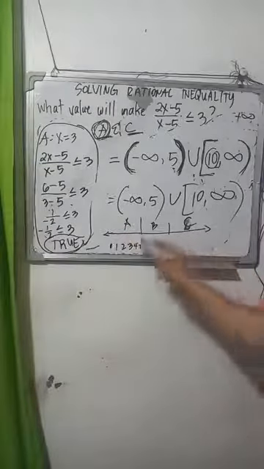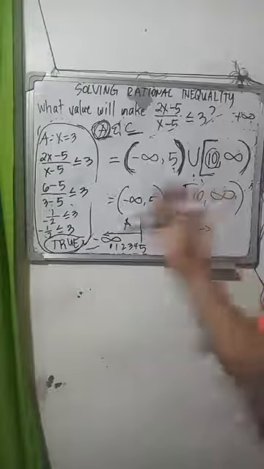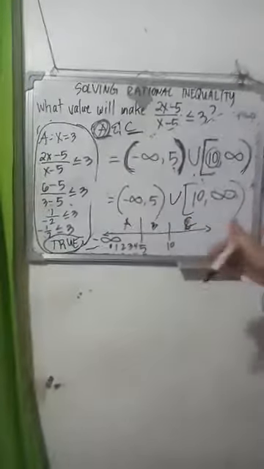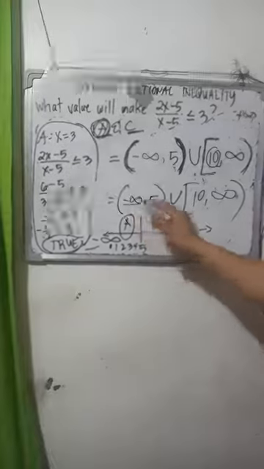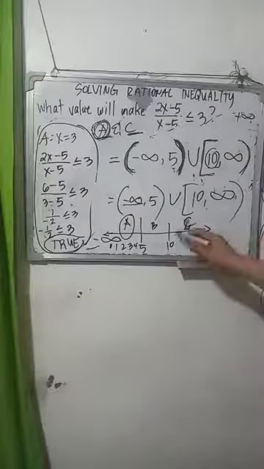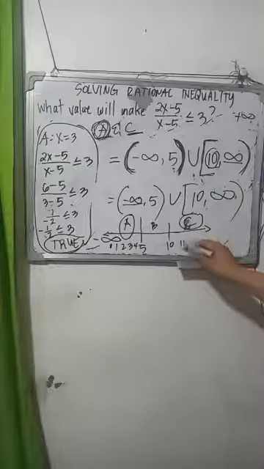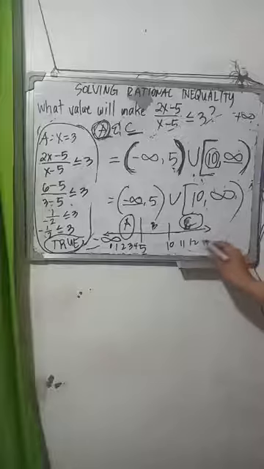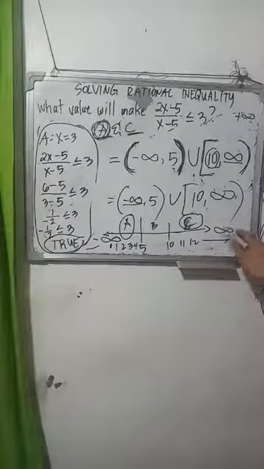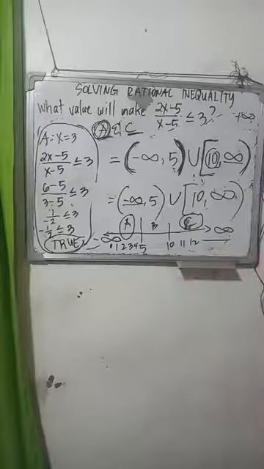Tingnan nyo yung arrow. So that is negative infinite numbers. So kahit negative 1 million pa yan, that is belong to interval A. That is part of the solution. And this one, bakit positive infinite ito? That is belong to interval C kasi 11, 12 until positive infinite numbers. It belongs to interval C.